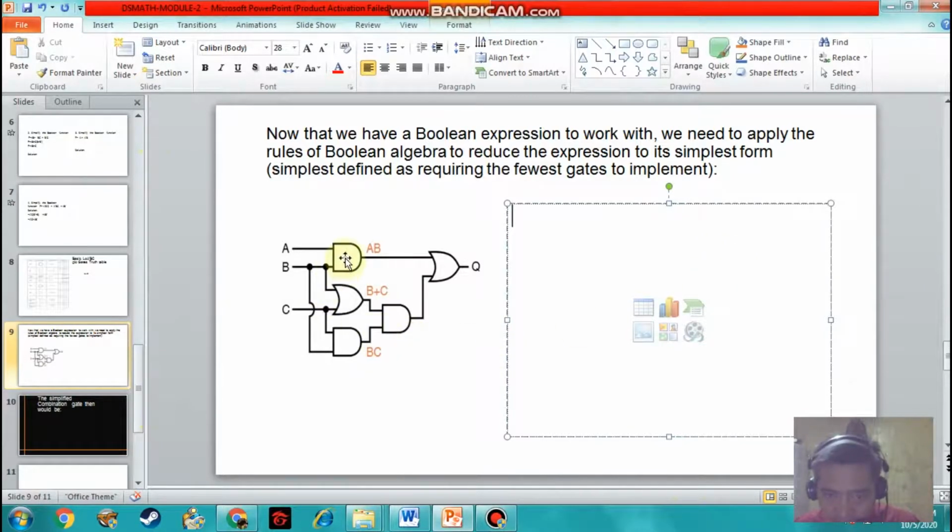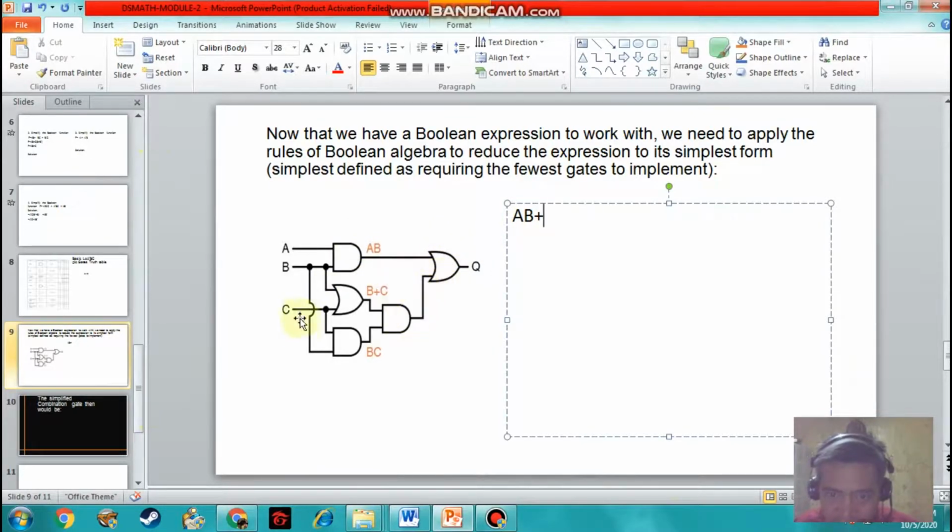So, kapag AND, multiplication, pag OR, addition, di ba? AB, multiplication to AND. So, AB. Then, ito muna. Tapos, i-OR natin. Kasi OR to, AB, i-OR natin, ipa-plus natin dito.